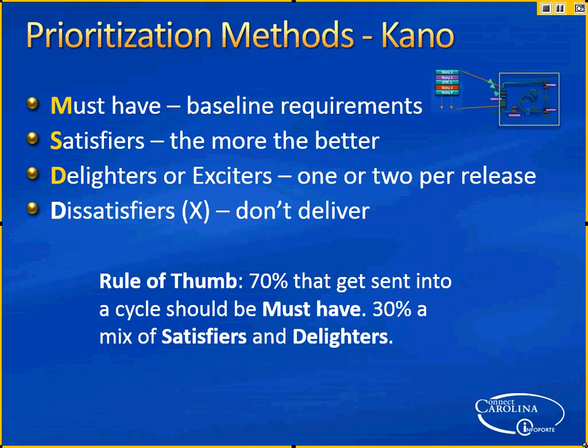And they say basically, try to put 1 or 2 in per release, not per sprint, per release. Okay. And then dissatisfiers. It's basically candidates to get out of the queue. And again, same rule of thumb. 70% should be must-have, 30% a mix of these two.